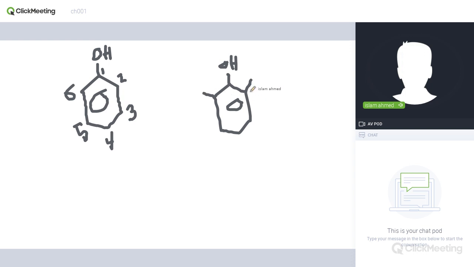Those two carbons at the side of the functional group are called ortho. Ortho. For that one and that one, it's called the ortho substitution. At those two positions, it is meta. Okay, meta. And at the opposite direction of the functional group, it's called para.